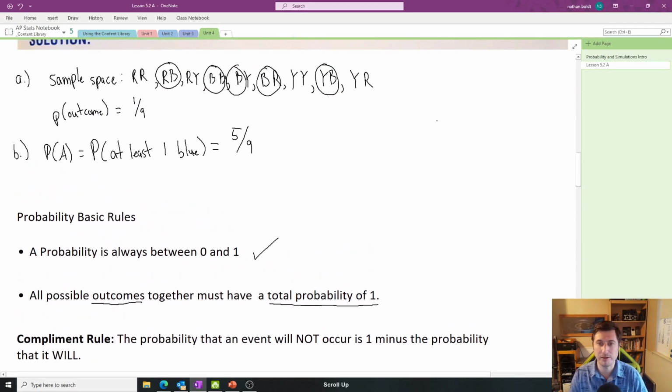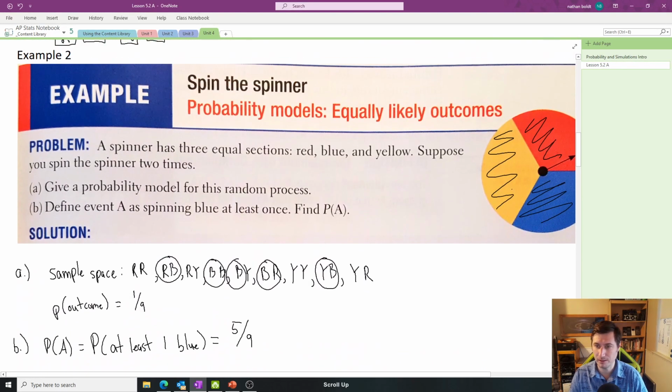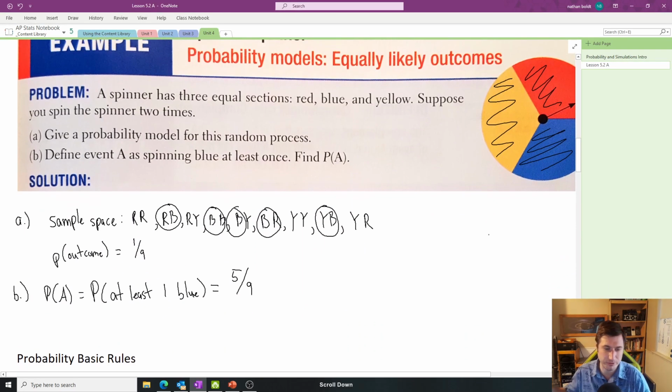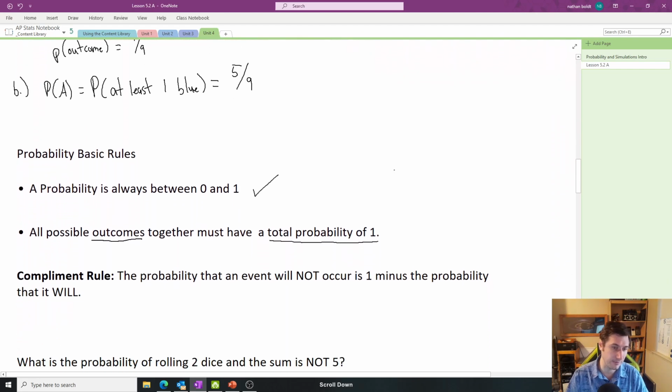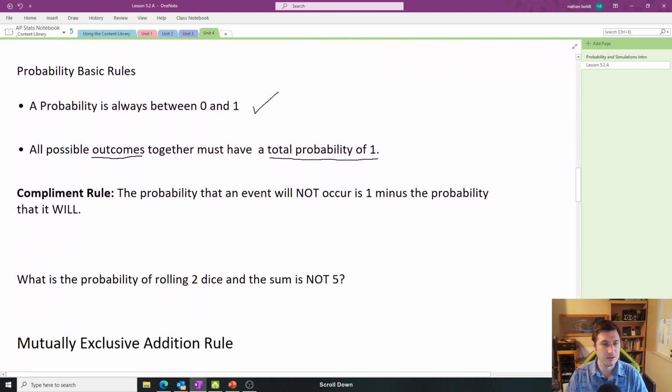I can't come up here and spin my spinner and have it not land on a red, blue, or yellow. It's got to land somewhere unless I really just smack it off the table. But we're not talking about that right now, okay? So the probabilities all together have to equal 1. That's kind of a big thing.